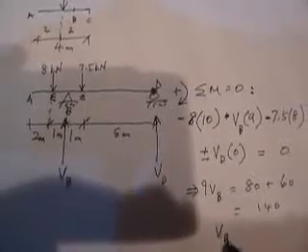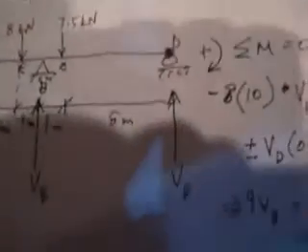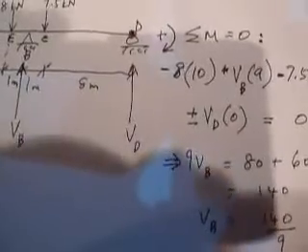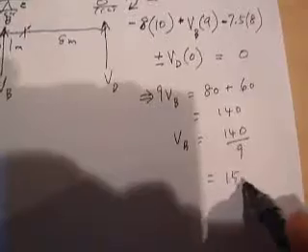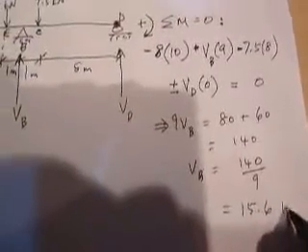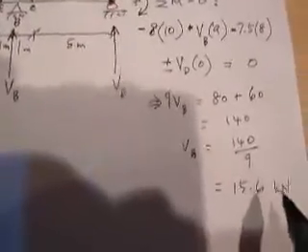So VB is equal to 140 divided by 9. Just using my calculator there. That's 15.6 kilonewton.